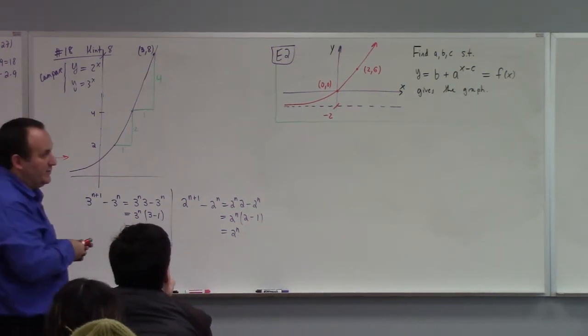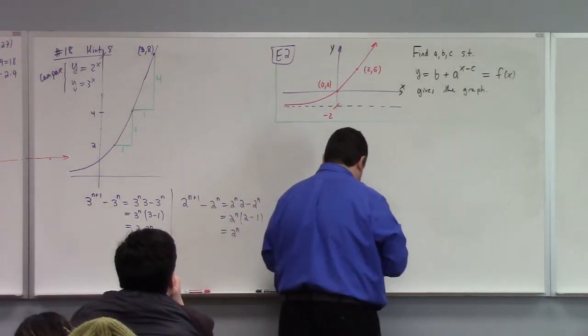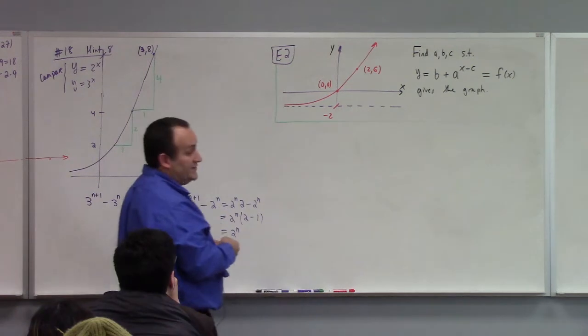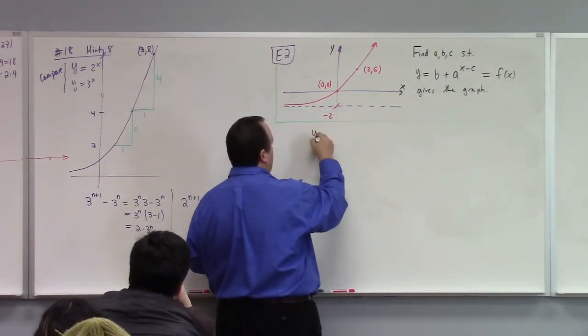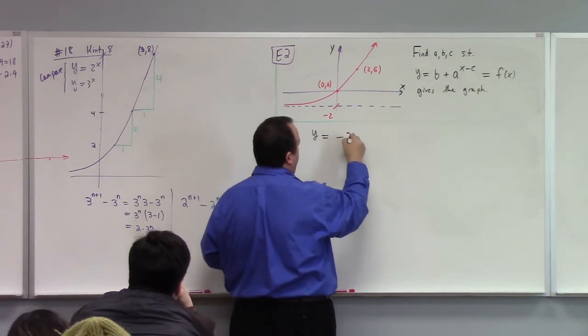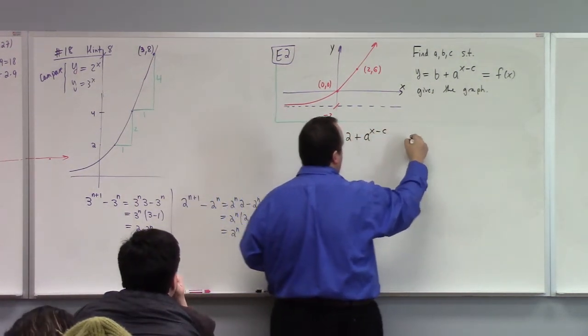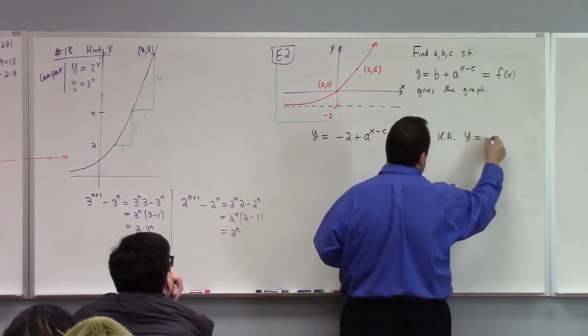Okay, so you guys tell me what b is. You all should be able to tell me what b is. What's that? -2, right. So b equals -2, since the horizontal asymptote is y equals -2.